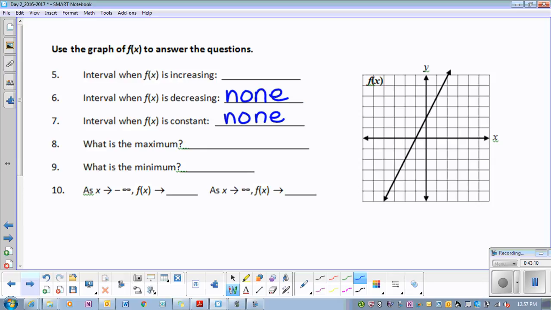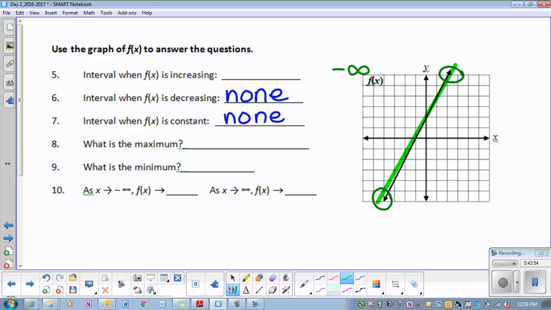So the last one says interval when f of x is increasing, right? So if we look at this graph, honestly, the whole entire thing is increasing, right? The thing about these increasing, decreasing, and constant intervals is that you have to tell us the x numbers from where it's increasing or decreasing. So if I have an arrow going to the left, where am I headed on the x-axis? Negative infinity. So this arrow on the left means I'm going to negative infinity. And then I have an arrow on the right.